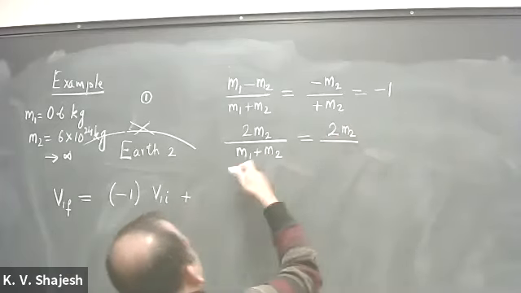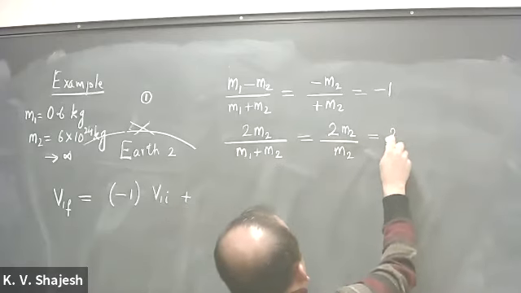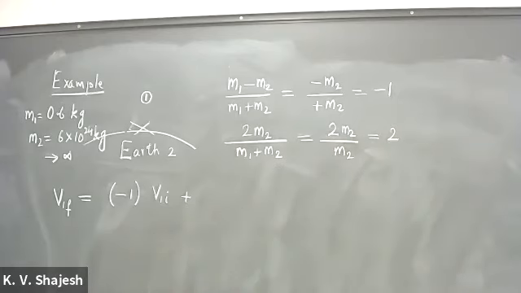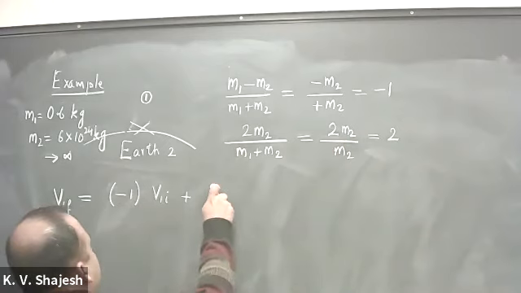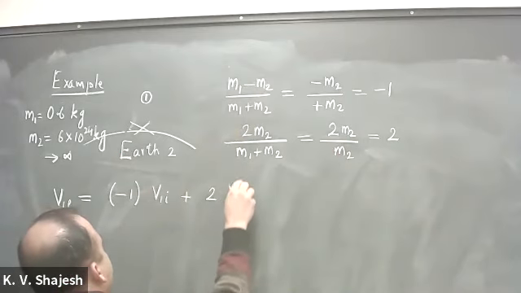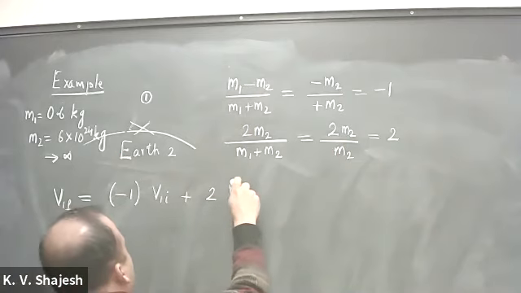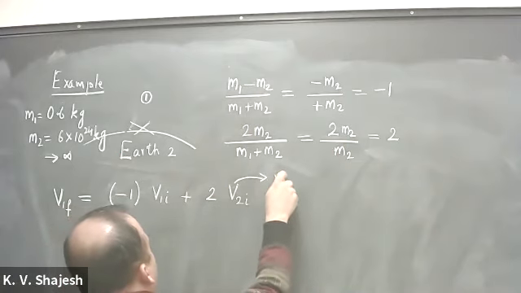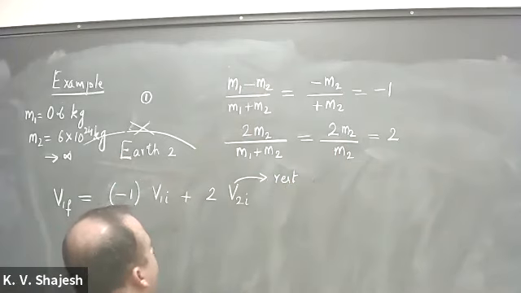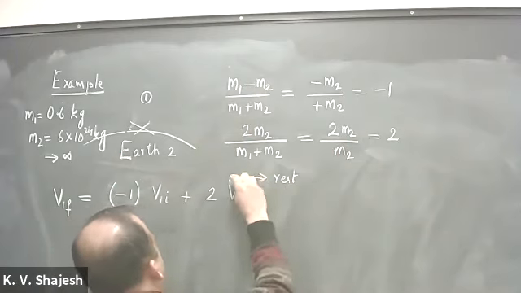In the denominator, m1 can be neglected. That's m2. That's equal to 2. But we can say that the Earth is stationary to begin with, right? So that's 2, if you want, in the limit of large mass, times v2 initial. But 2 is Earth. Let's say this is at rest. So that's equal to 0. So that sets this to be 0.